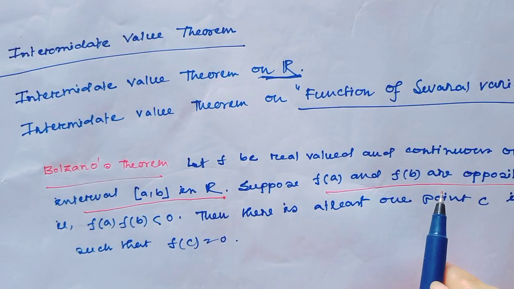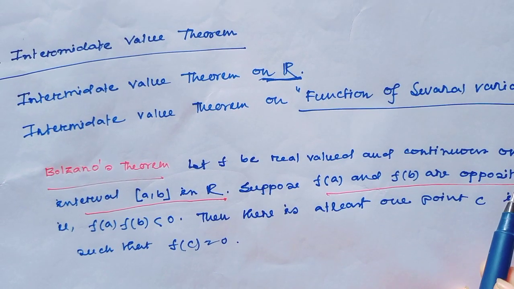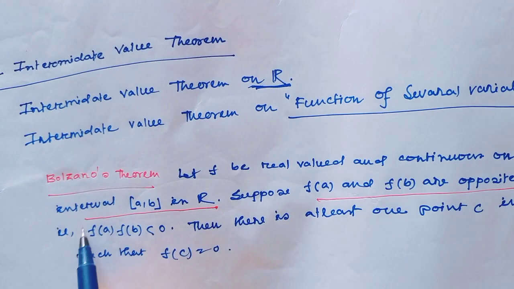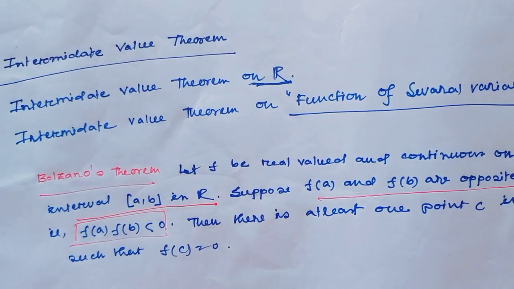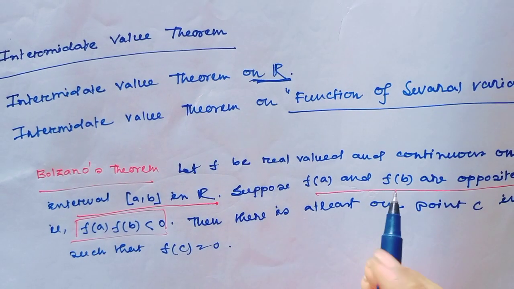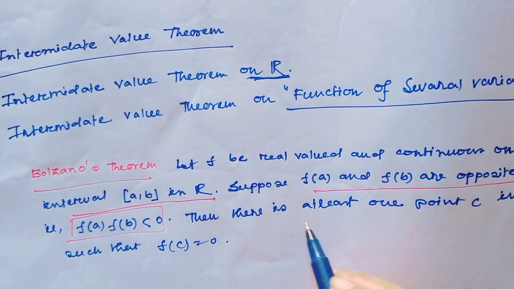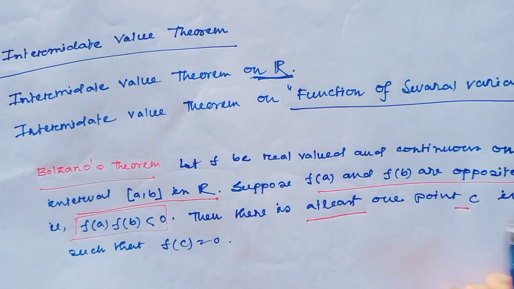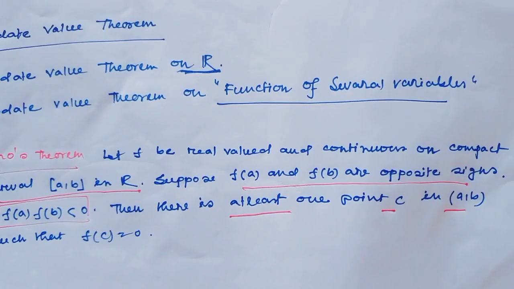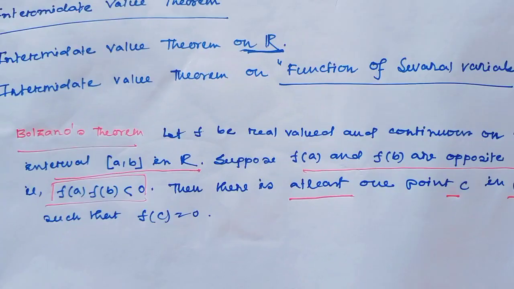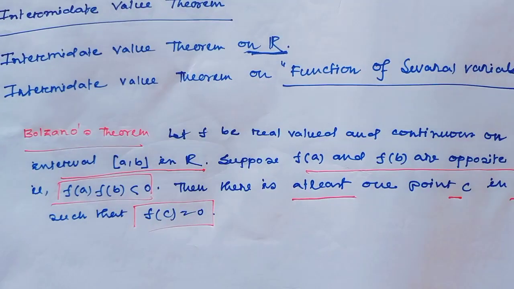Since f(a) and f(b) have opposite signs, that means f(a) times f(b) is less than 0. If this condition holds, then there exists at least one point c in the open interval (a,b) such that f(c) equals 0.